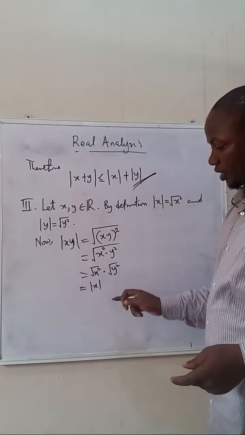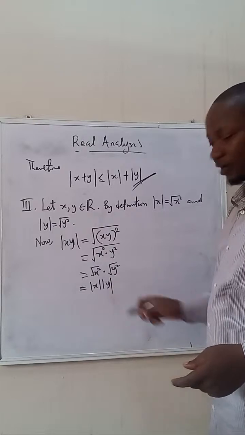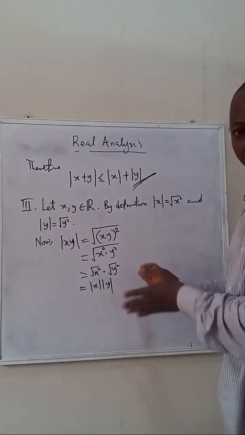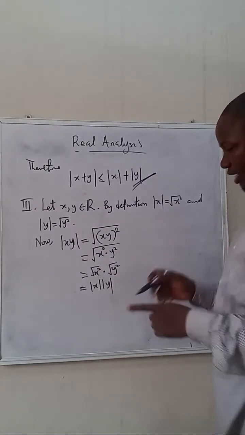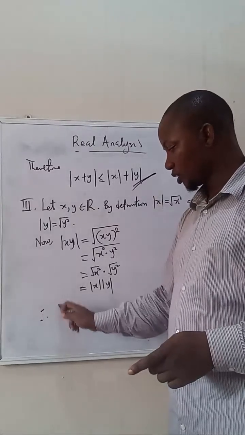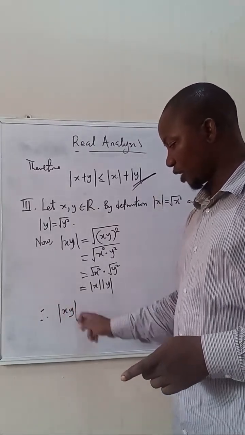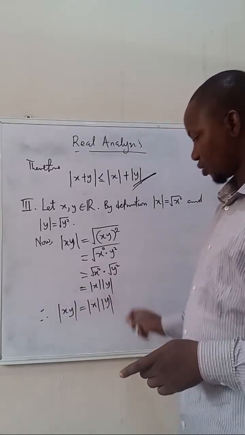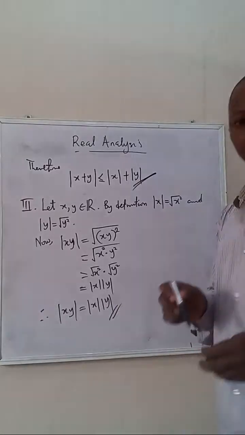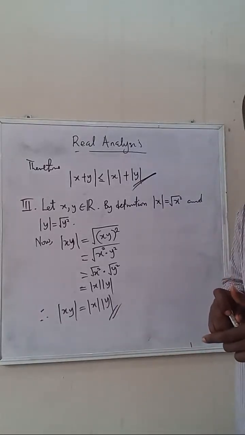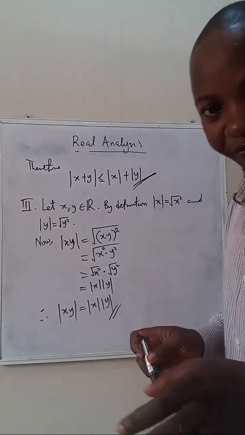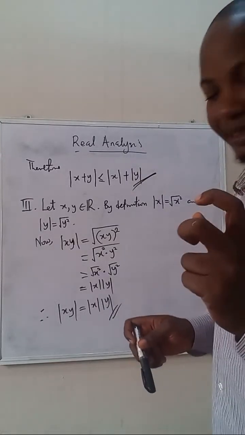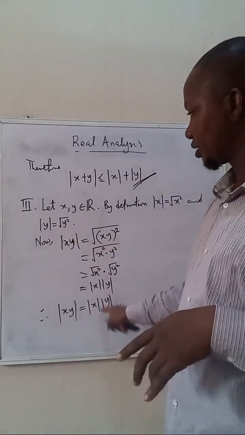The absolute value of x, and this is the absolute value of y. That is why we say the absolute value of xy is equal to this. I think that one is straightforward. So property 4 follows from here.